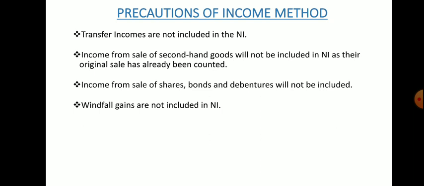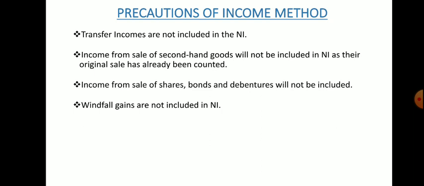Next, windfall gains are not included in national income. What are windfall gains? Lottery tickets, you can say. Suppose you purchased a lottery ticket for 10 rupees and you won the first prize of 1 crore rupees. From where did this 1 crore come?